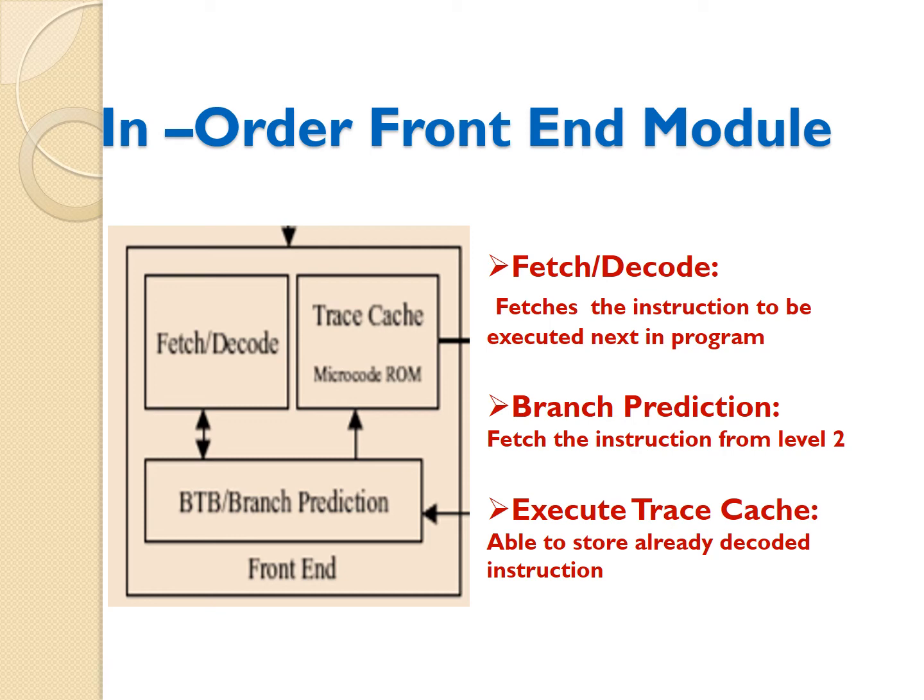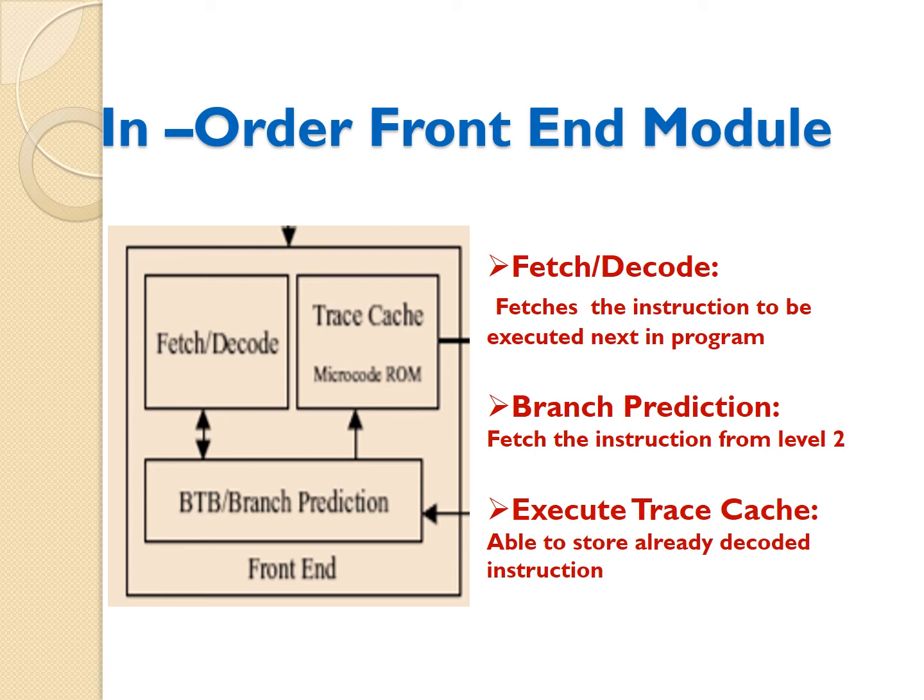The in-order front-end module is a part of Pentium 4 processor that fetches the instruction to be executed in the program. The front-end has highly accurate branch prediction logic in it. The front-end module has an advanced form of level 1 instruction cache called execution trace cache. The trace cache sits between the instruction decode logic and the execution core. The trace cache is capable of storing the already decoded instruction.